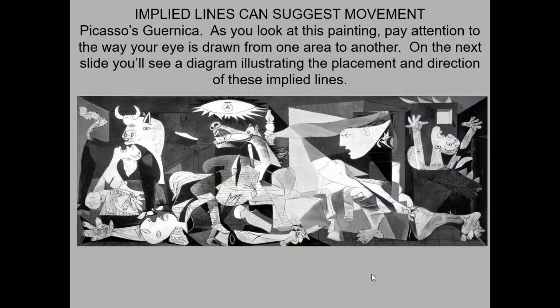You definitely can see implied lines suggesting movement in this piece by Picasso. Picasso made this painting as really a political statement about a terrible event. At the point that the world is plunging into the Second World War, Spain itself was undergoing a civil war. And one faction in the Civil War was led by General Franco.